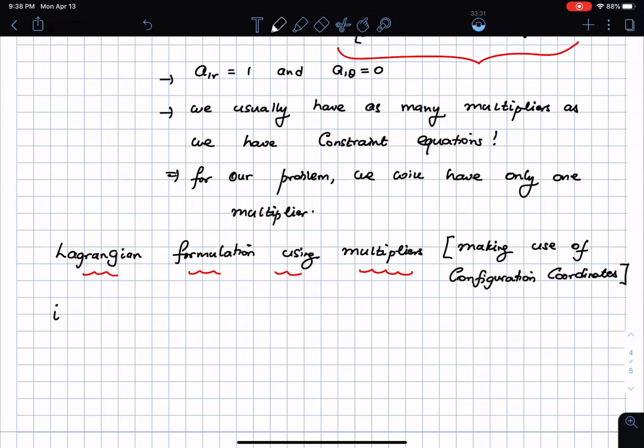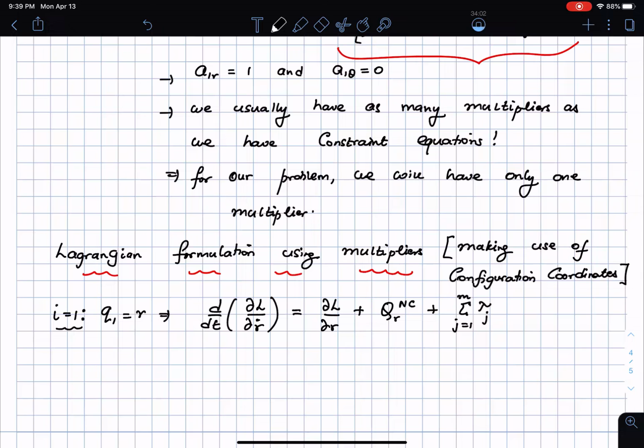Okay, so for i is equal to 1, we have q1 is equal to r, and so I have d by dt of dL by dr dot is equal to dL by dr plus Q_r nc, non-conservative forces if I have them, or torques if I have them, plus I have summation for j is equal to 1 to m lambda j a_jr, right?